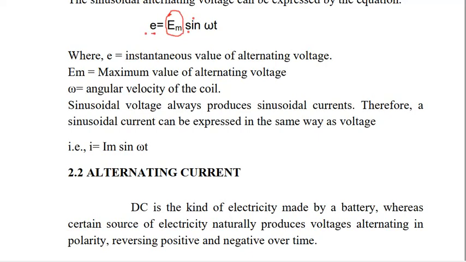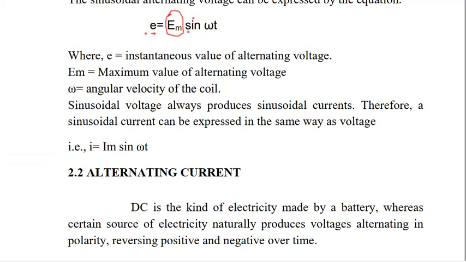Okay. So you know the sine function, right? It will start with 0 and end up with 1, and you are multiplying with your Em. Look at that, E is equal to Em sine omega t. Similarly, I is equal to Im sine omega t. For the sine function, if you observe the angle from 0 to 90 degrees, it goes from sine 0 which is 0, to sine 90 which is 1.